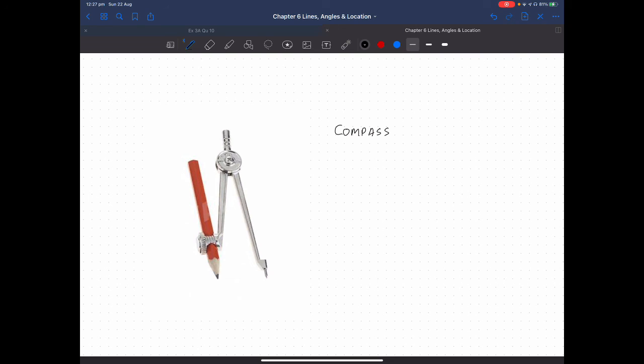We have inserted into the compass a pencil, and you can see a sharp point. At the end of this video, there is a short video to show you how to use a compass.